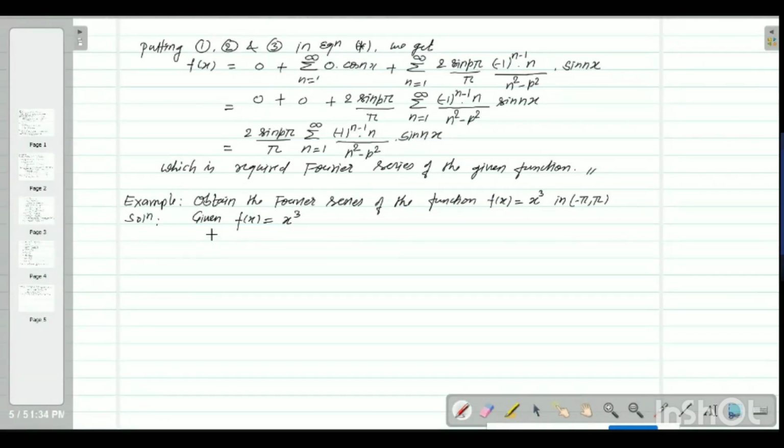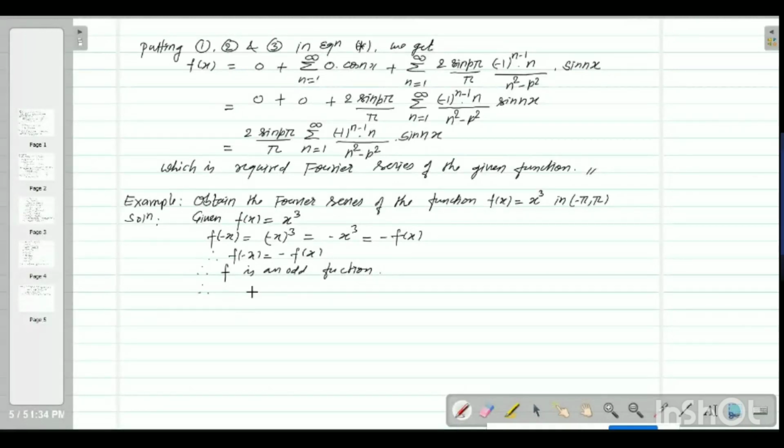If you don't know, just check it by replacing x by minus x: minus x to the power 3, and this becomes minus x cube, but x cube is f of x, so this is minus of f of x. Therefore f of minus x equal to minus of f of x. Therefore f is an odd function.